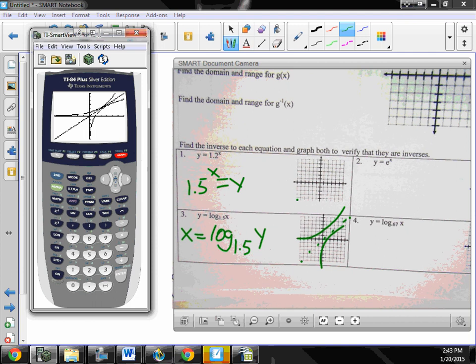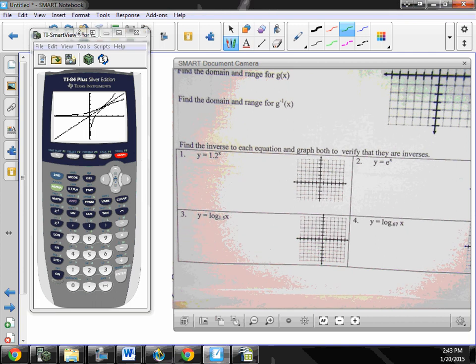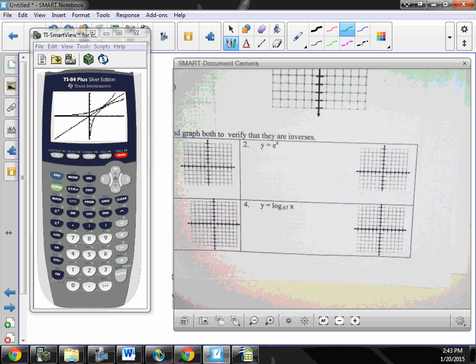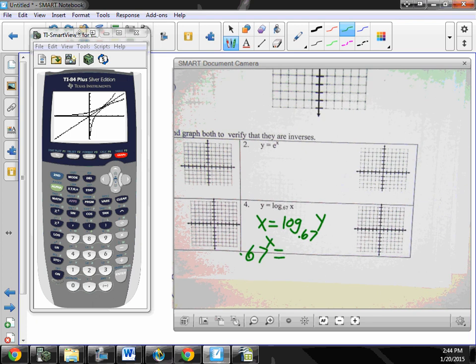All right, one more. First we invert: x equals log base 0.67 of y. What would that be in exponential form? 0.67 to the x equals y.